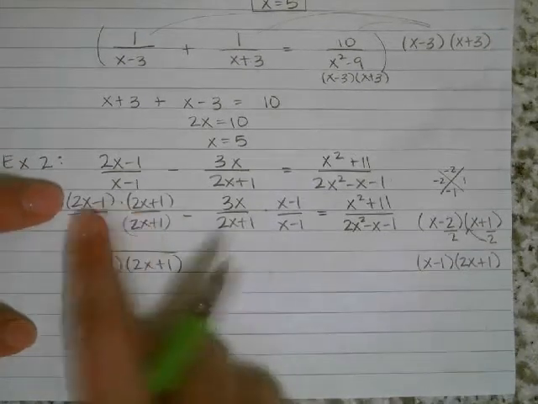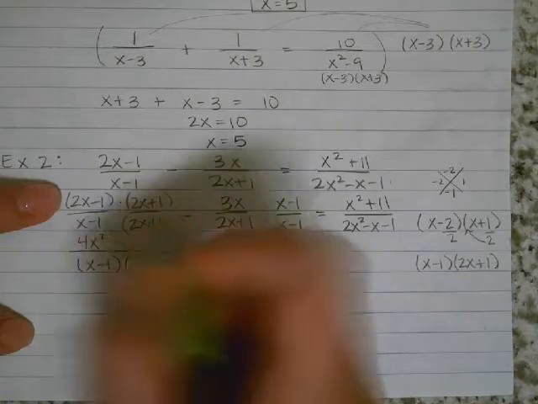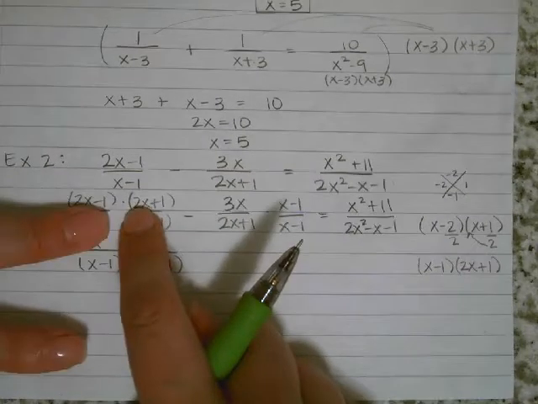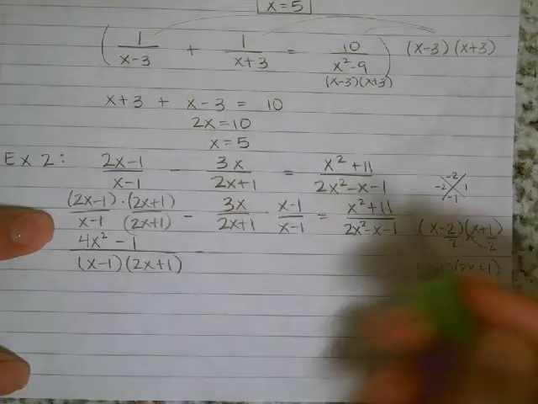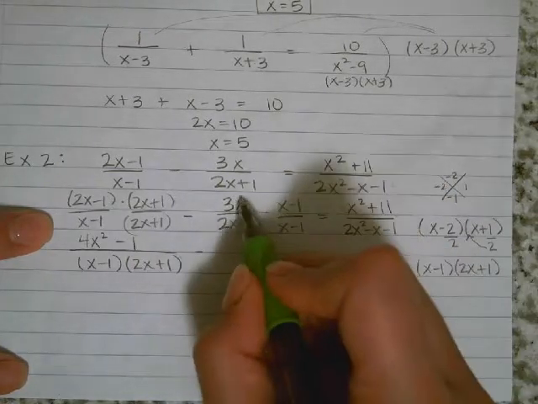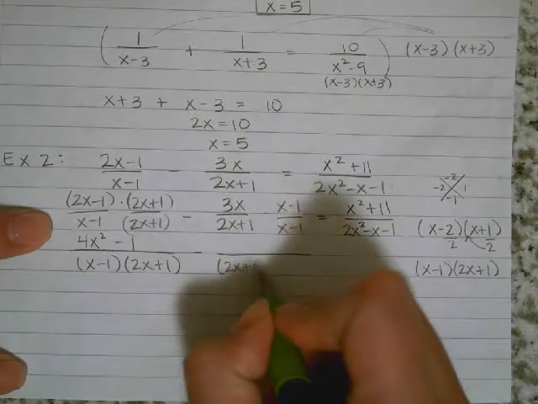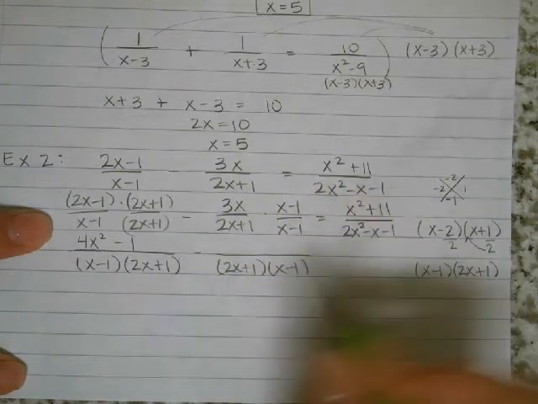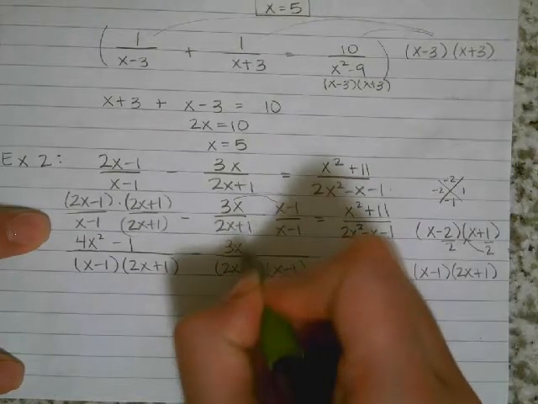So for the top, we do want to FOIL this though. So I'm going to say that's 4x squared plus 2x minus 2x, and then minus 1, minus. And then when I multiply these out, I'm going to get 3x squared minus 3x.